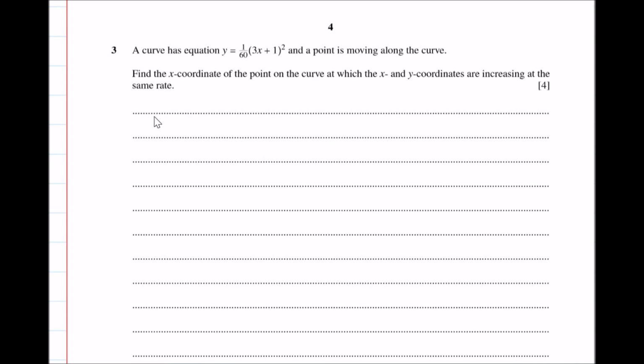So y is equal to 1 by 60 and (3x plus 1) whole squared. Differentiate this with respect to x. So we get dy by dx is equal to 1 by 60 as it is.